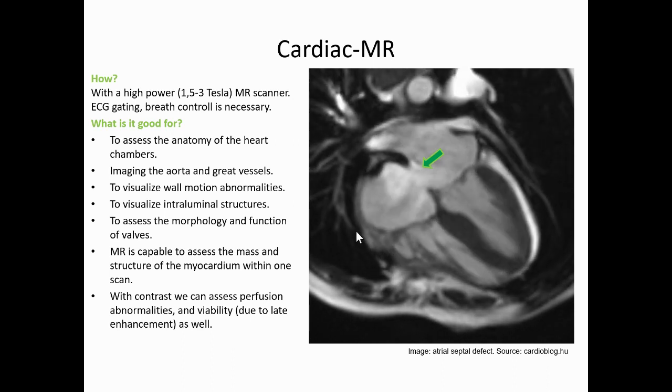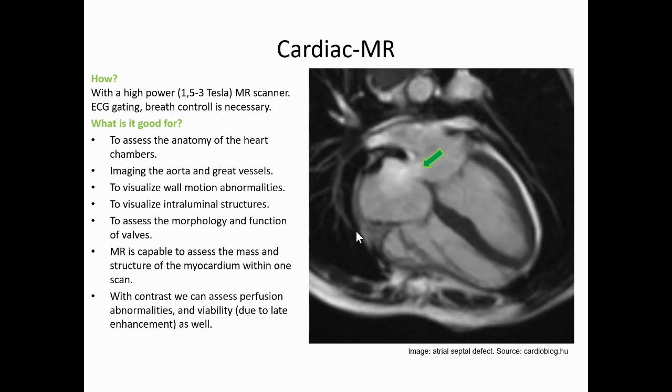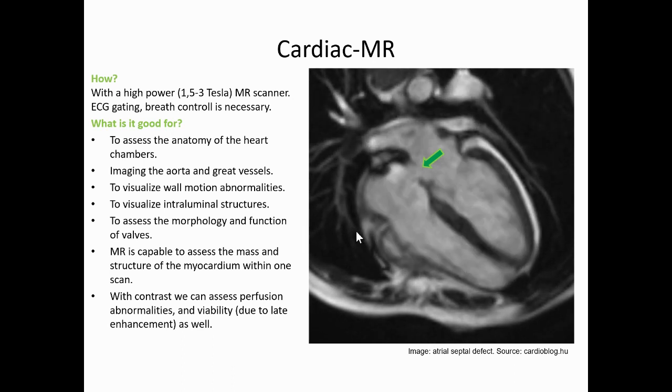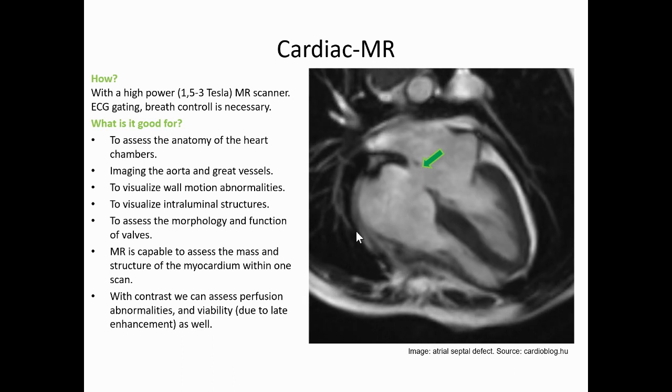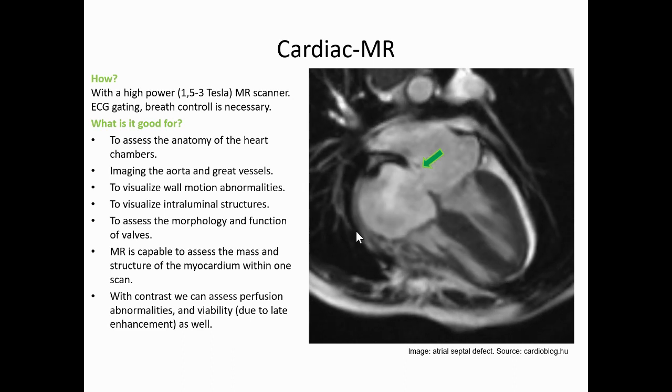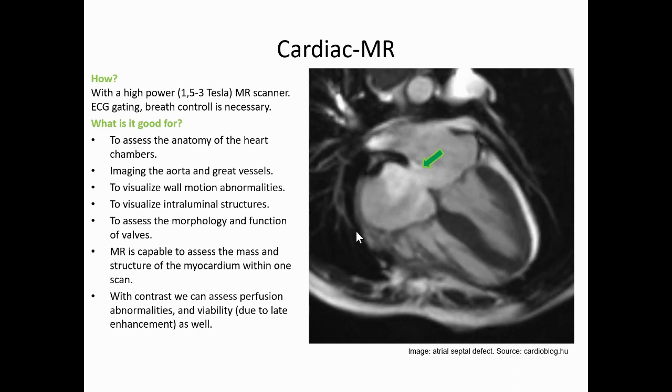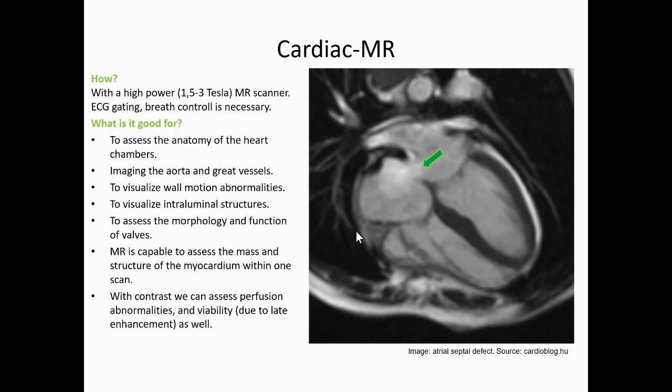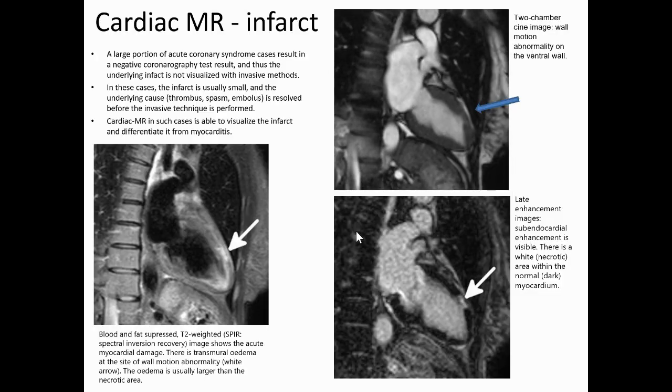We can even image the aorta and the great vessels with it. We can visualize wall motion abnormalities, intraluminal structures, etc. Again, instead of reading the slides, let me show you 3 cases that demonstrate the power of cardiac MR.